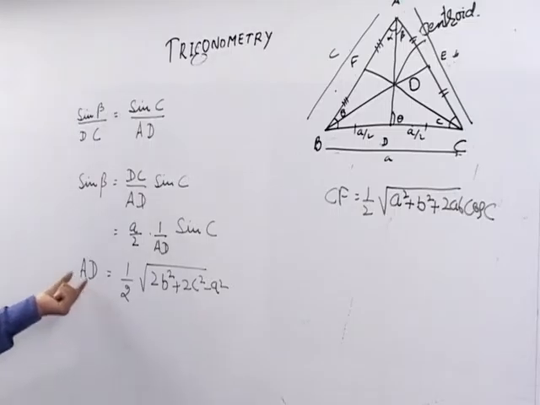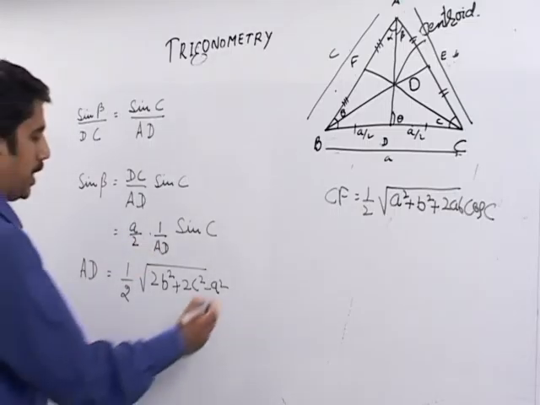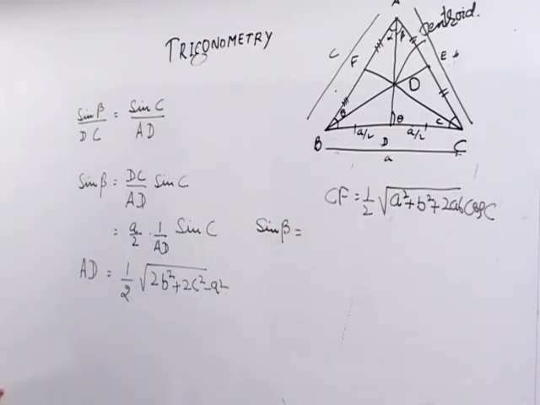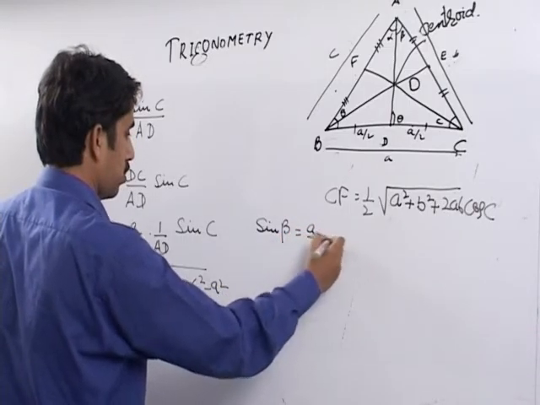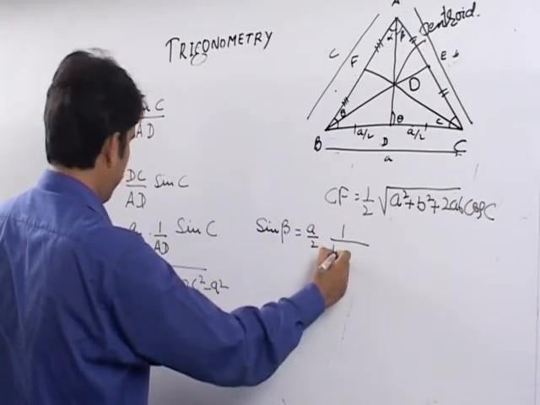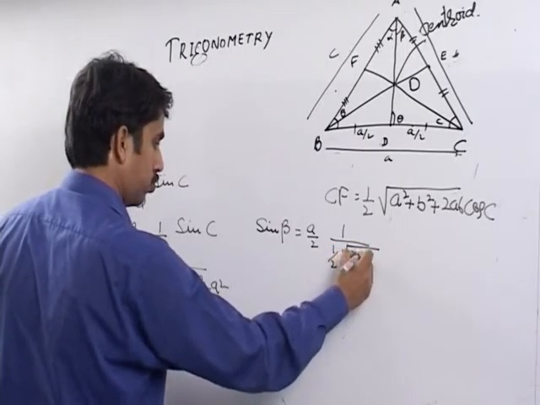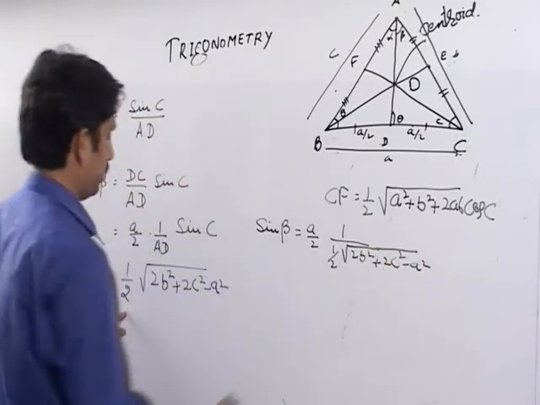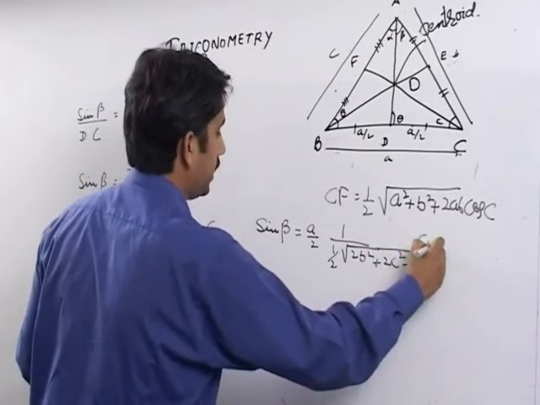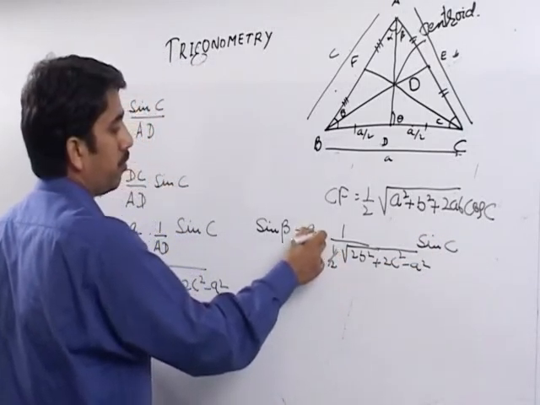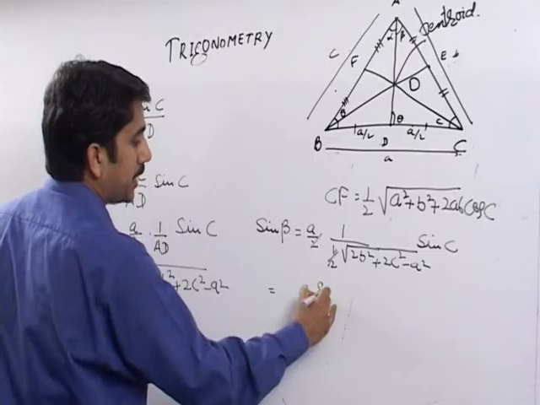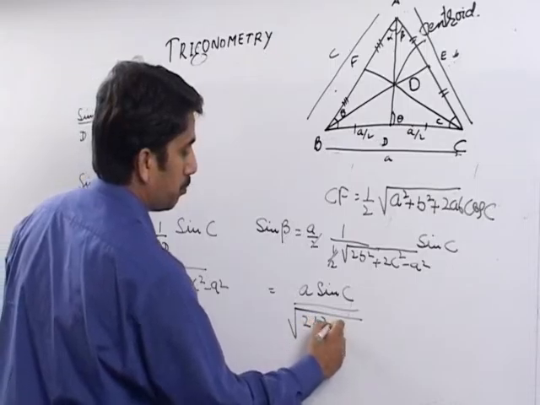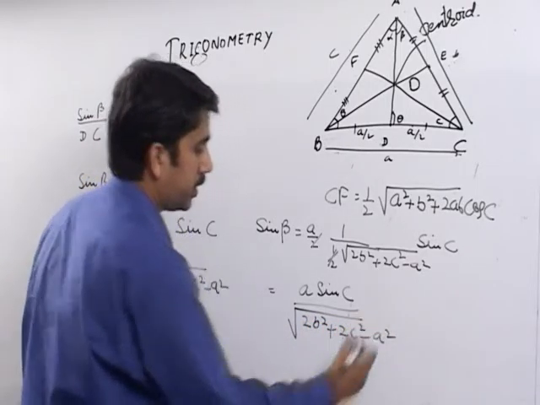Put the value of AD from here in this equation, you will get sine of beta is equal to a by 2 over 1 by 2 root of 2b square plus 2c square minus a square into sine C. This 1 by 2 and 1 by 2 will be cancelled out, and you will be left with a sine C over whole under the root 2b square plus 2c square minus a square.